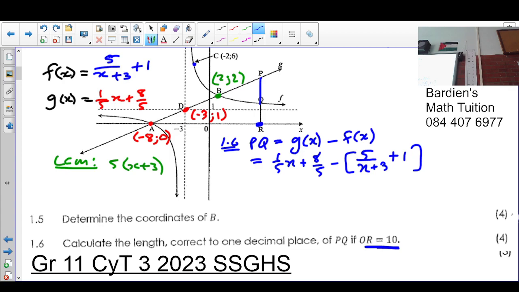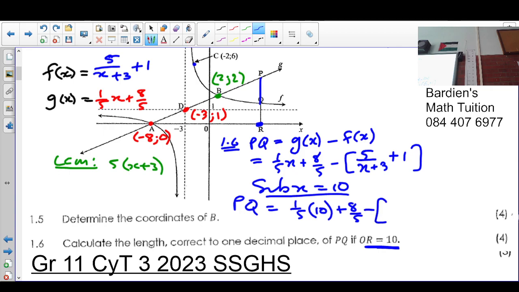So what's your x value here? 10. So we're going to substitute x is equal to 10. So PQ is equal to 1 over 5 times 10 plus 8 over 5 minus 5 over 10 plus 3, plus 1.